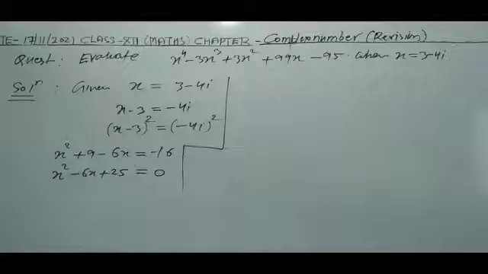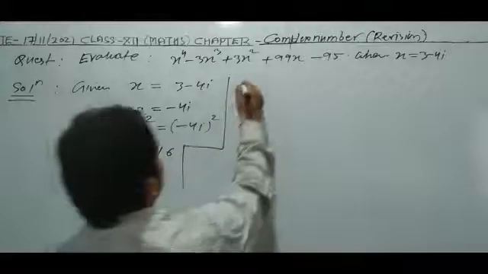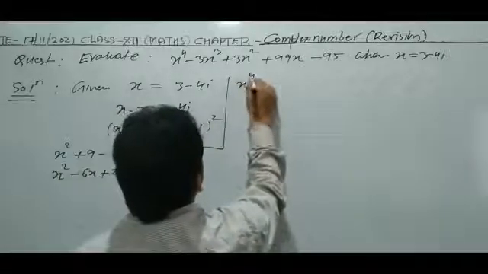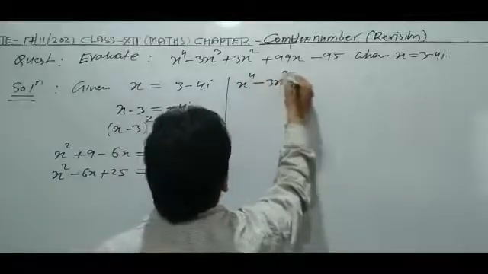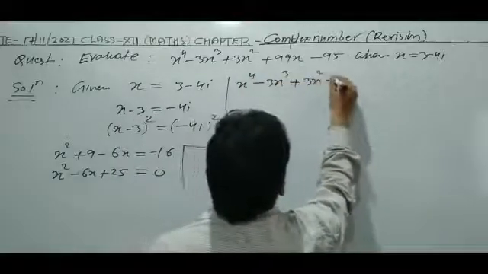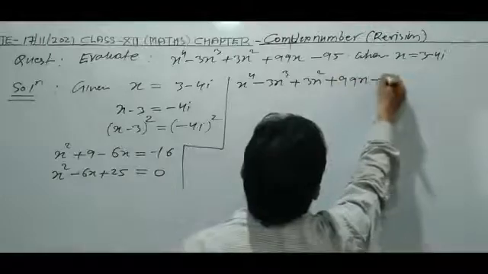Now see, this is the expression we have to simplify: x to the power 4 minus 3x cube plus 3x square plus 99x minus 95.